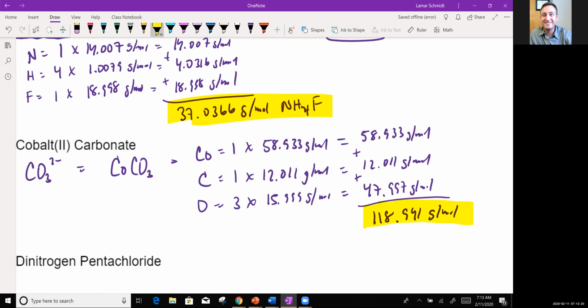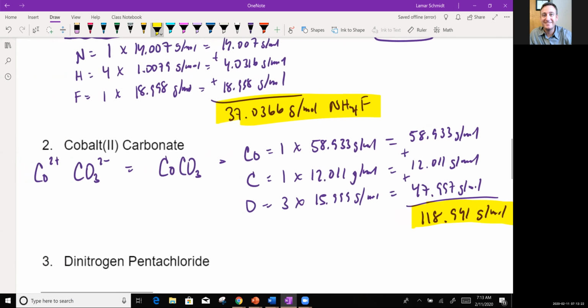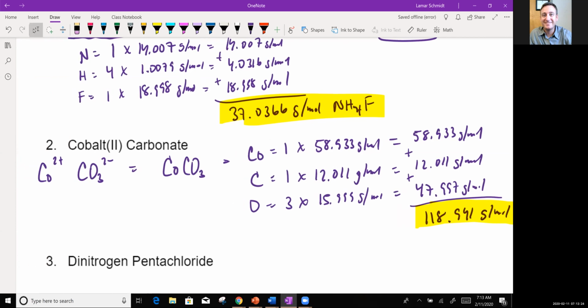And that tells us the mass of 1 mole of cobalt 2 carbonate formula units. So it means we would have 6.02 times 10 to the 23rd of this compound.